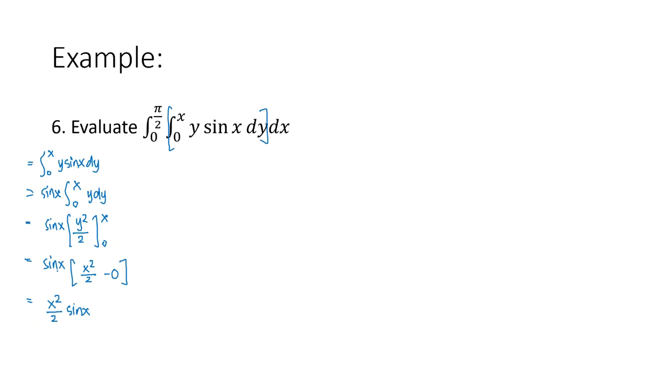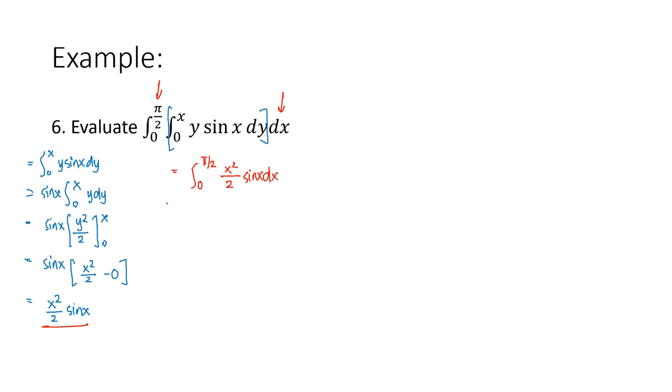Okay, so that is the result for the first integrand. Now, we have another integration which is from 0 to pi over 2 and the dx. So, we'll be using this result as our integrand. So, we have 0 to pi over 2 x squared over 2 sine x dx.